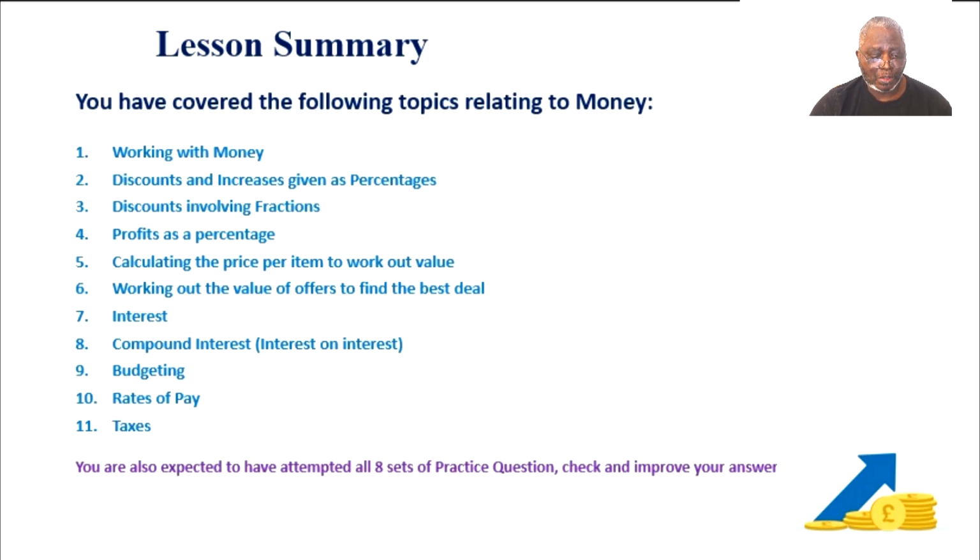We also know how to work out the value of offers to find the best deal. We know how to calculate interest, either paid to us or we're paying out. And in that context, we also know what compound interest means, which is interest on interest for long-term loans and purchases, hire purchases.